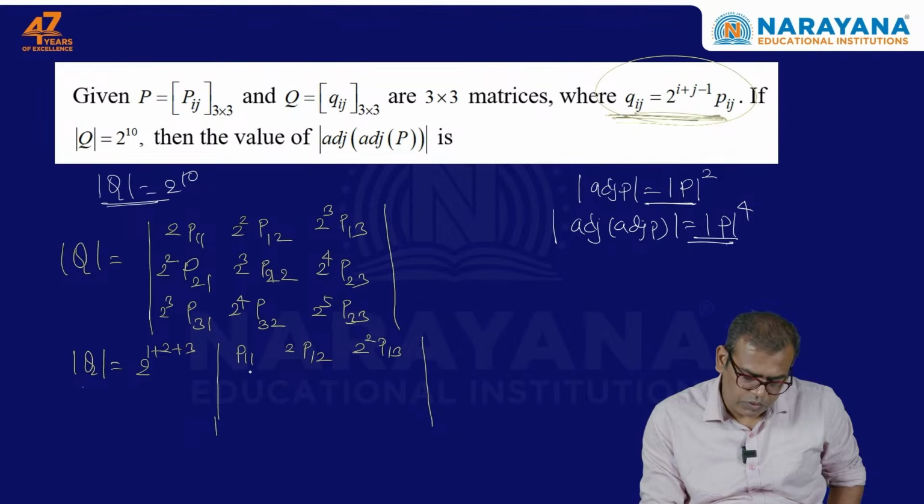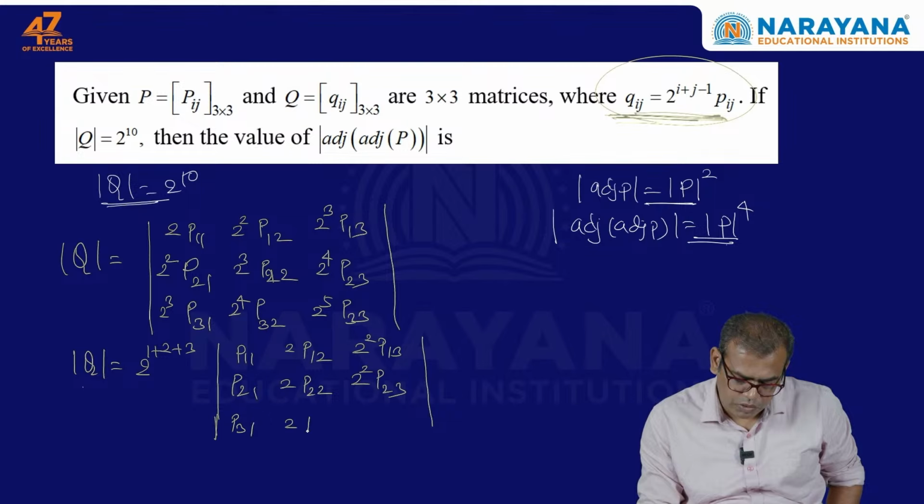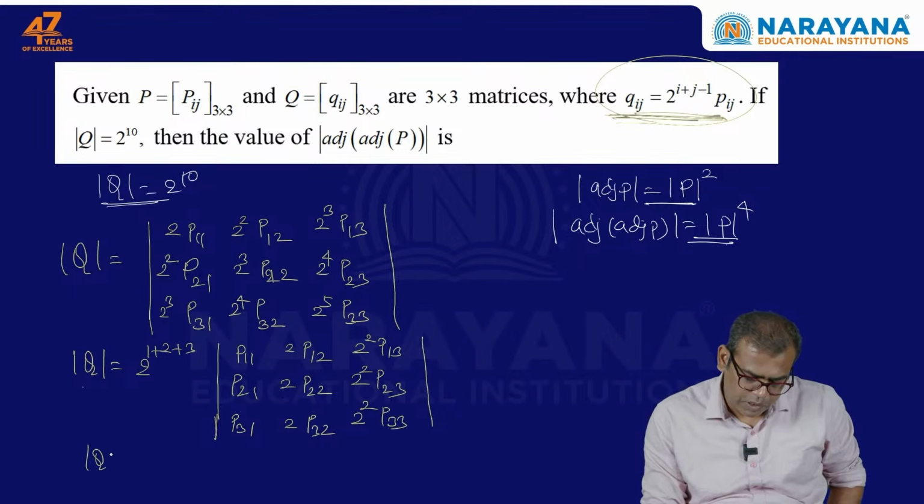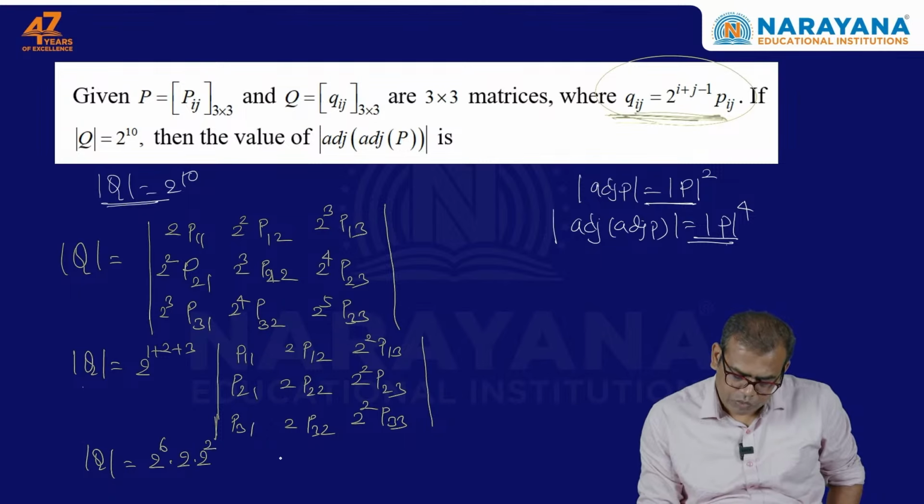In the second row, 2 square has been taken, so p21, 2 into p22, and 2 square p23. Next, in the third row, taking 2q common, so p31, 2 into p32, and 2 square p33. So again, determinant of Q is equal to 2 to the power 6. Again 2 will come common from the second column, and 2 square will come common from the third column, and then the remaining determinant of P will be left.